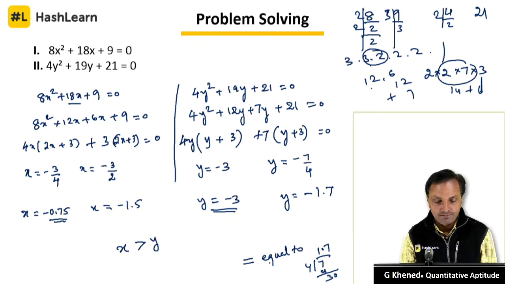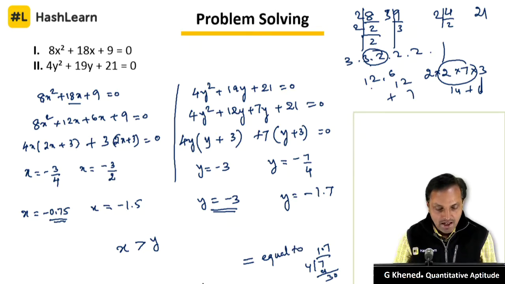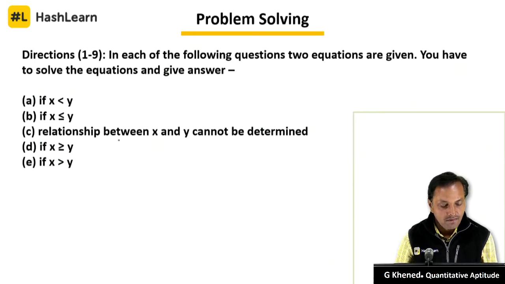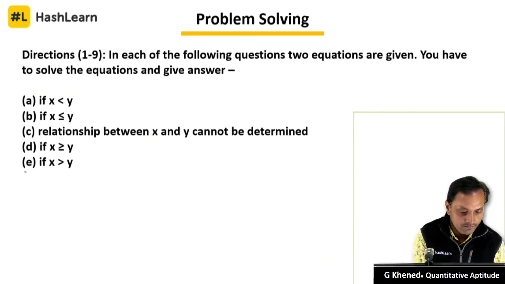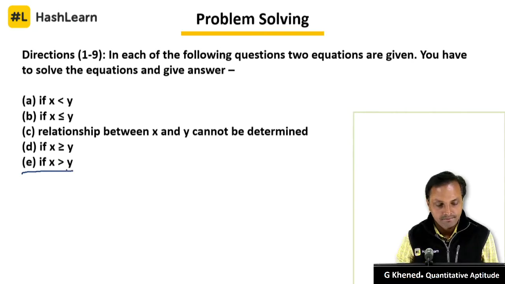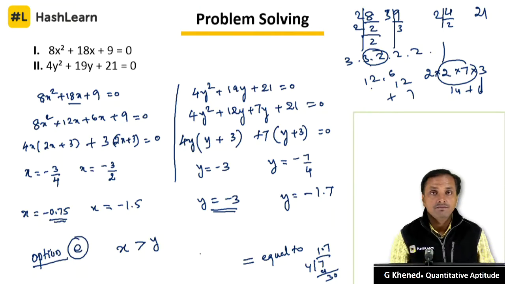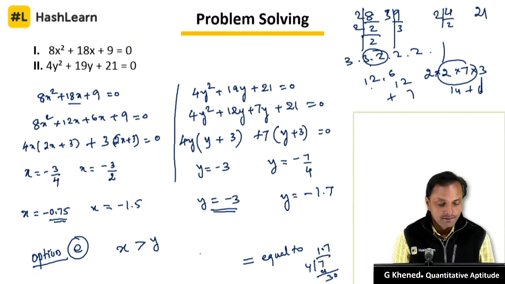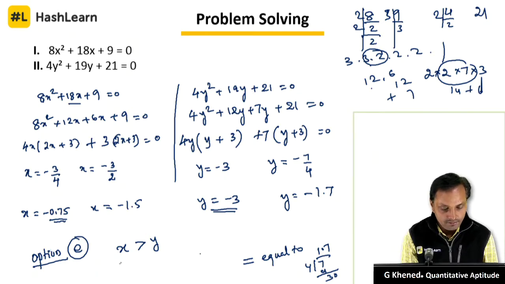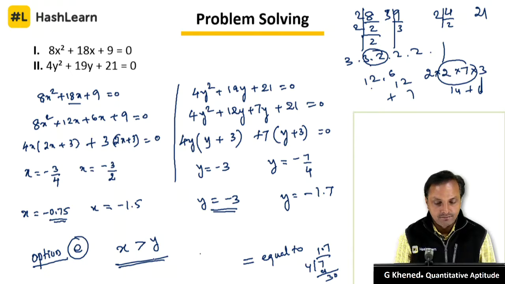No. So among the 4 options, which option do you need to mark here? X is greater than y, option E. So for the given set of equations, the values of x are greater than y. So then you have to mark option E.